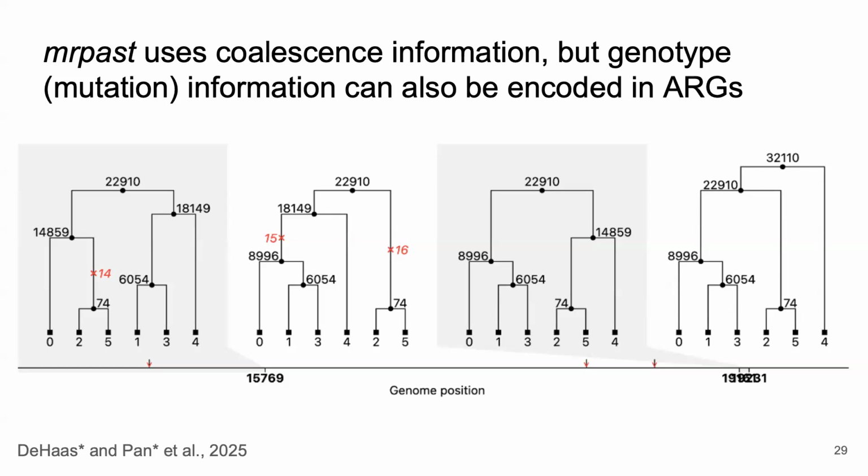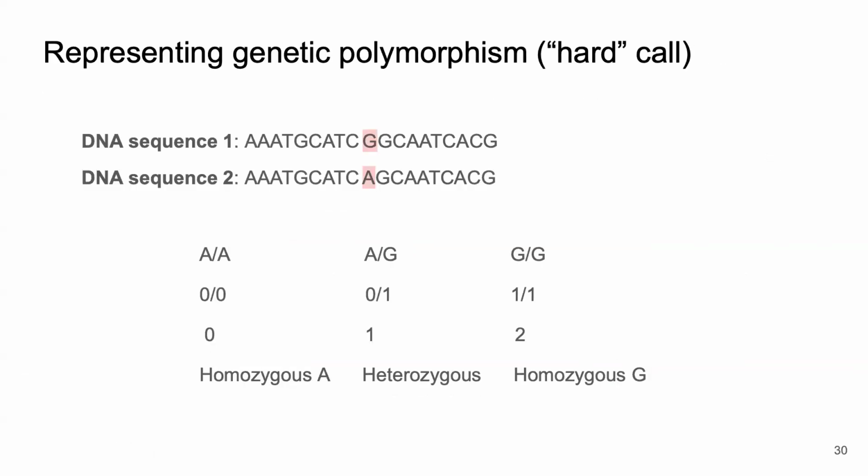And if we also represent mutations on the branches of the trees, the ancestral recombination graph at the same time would also represent the genetic variation for all the samples this ARG represents. So it has been demonstrated by the tsinfer paper that this is one way to compress the genetic data. But is it the best way to compress the genetic data? That's the question we're going to address in this next project.